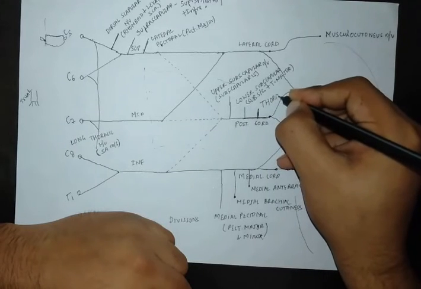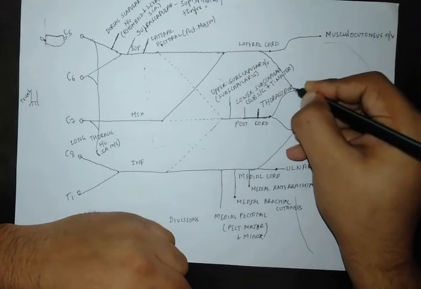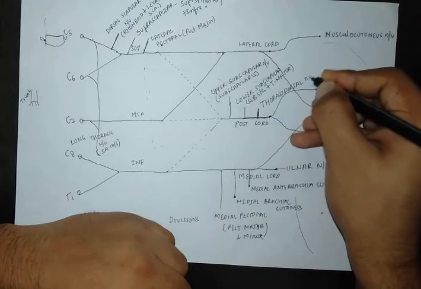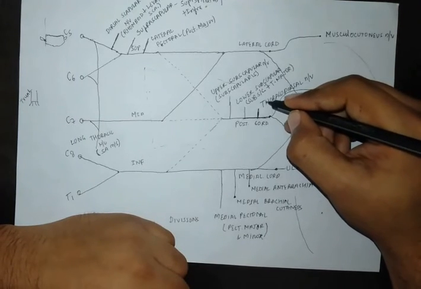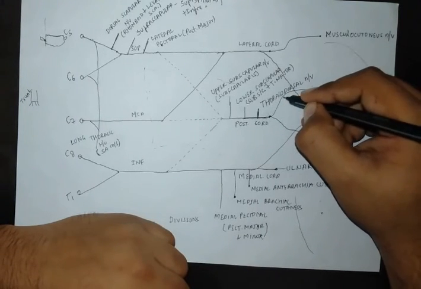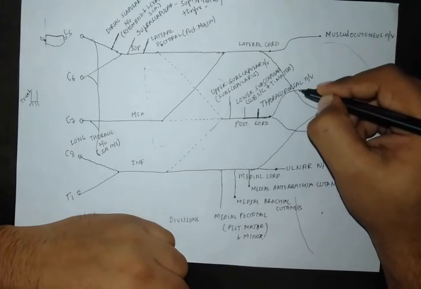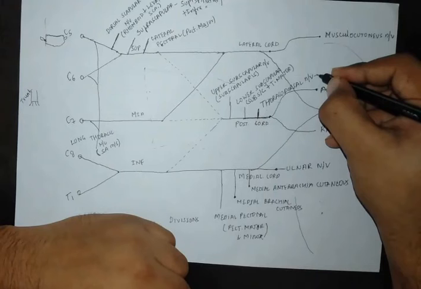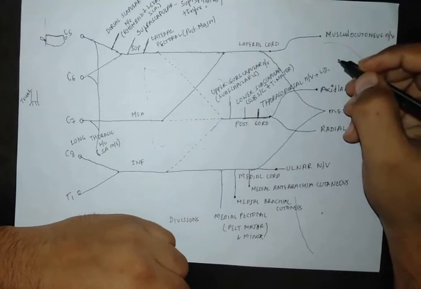Its nerve name is thoracodorsal. As its name suggests, thoraco and dorsal: in the thorax region, towards your dorsal side, which gives you the muscle latissimus dorsi.